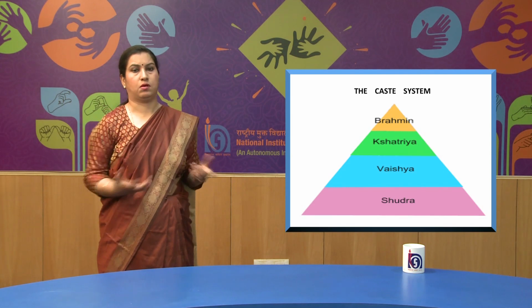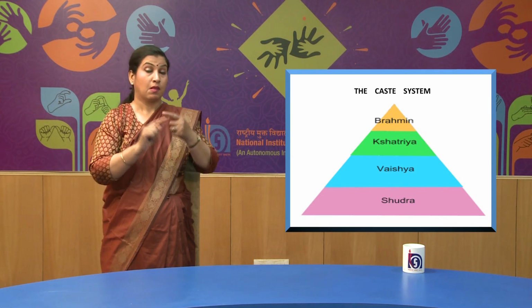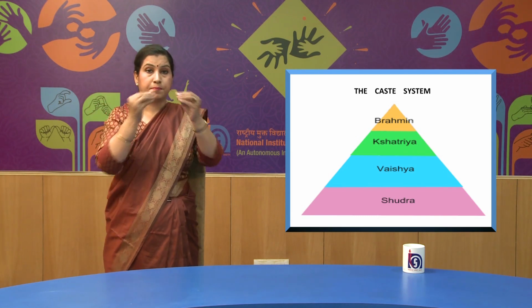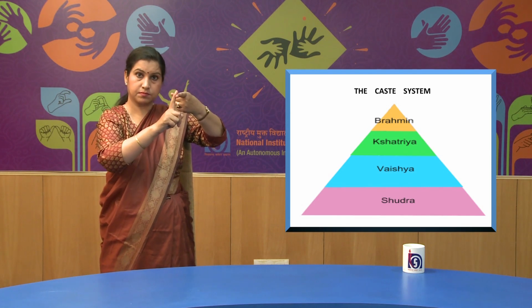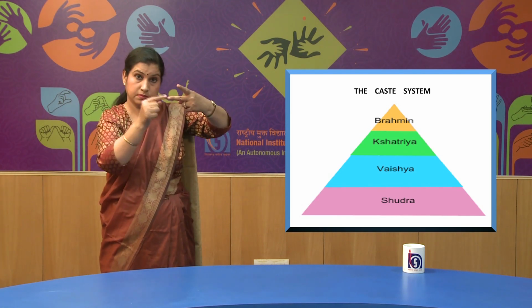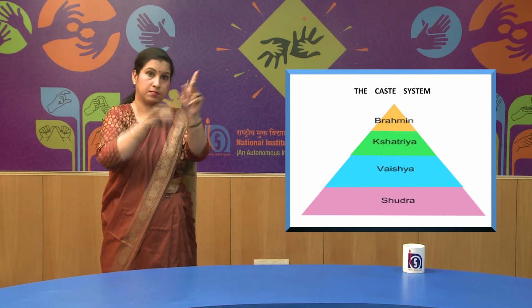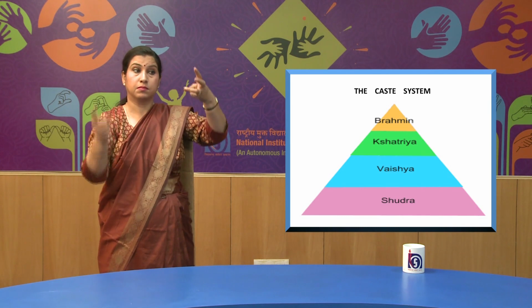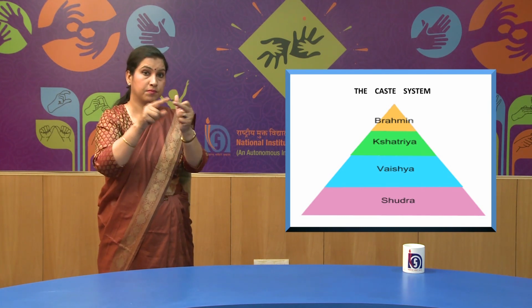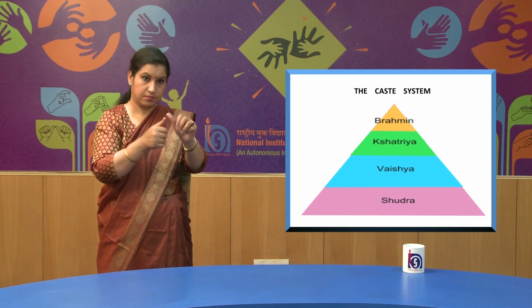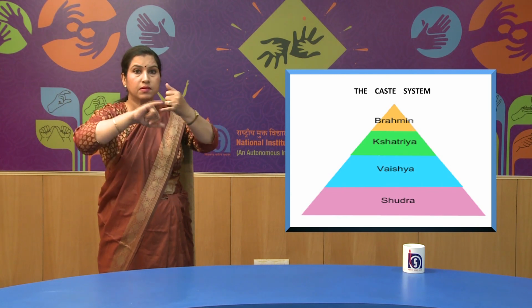We will begin from the upper level. The first is Brahmin, second is Kshatriya, third is Vaishya, and fourth is Sudra.